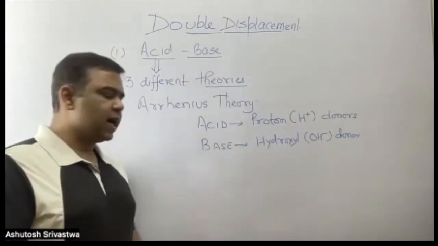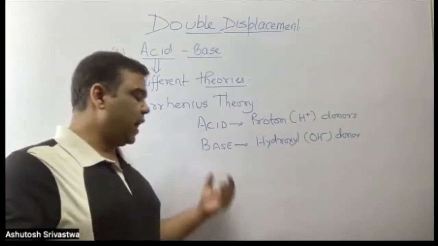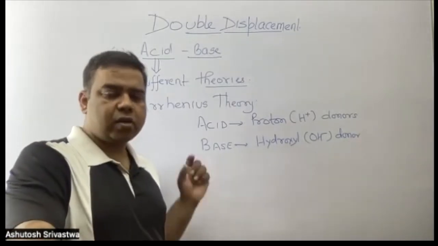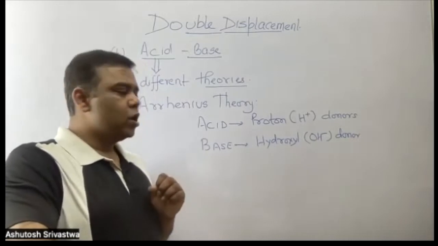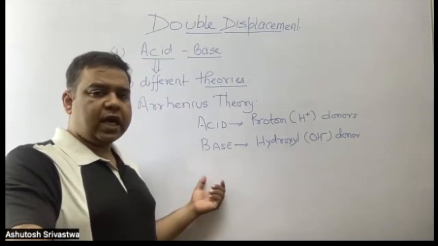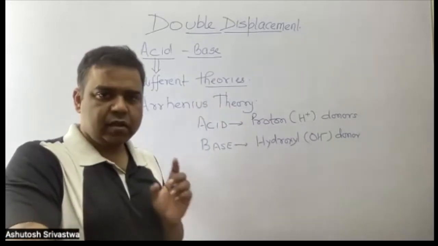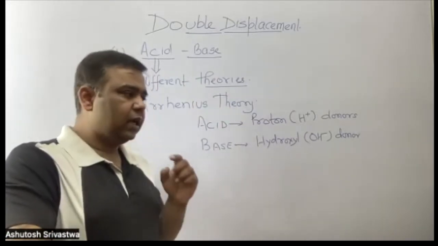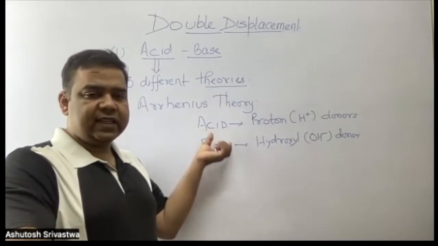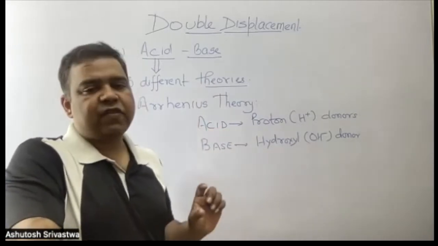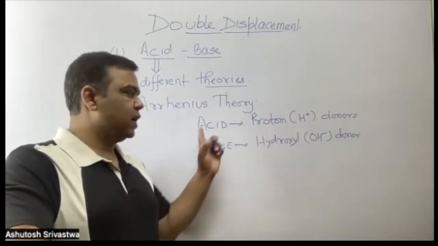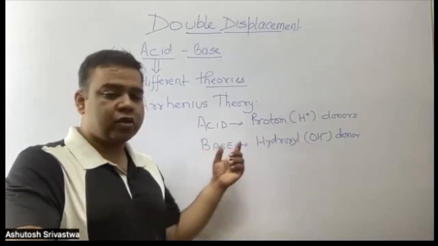Please understand, we have to classify acid-base reaction based on the reaction given. We will not say that the theory is good for acid but will be different for a base. It should satisfy both conditions simultaneously, acid being a proton donor and base being a hydroxyl donor.